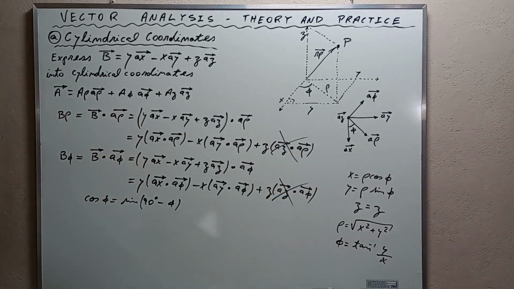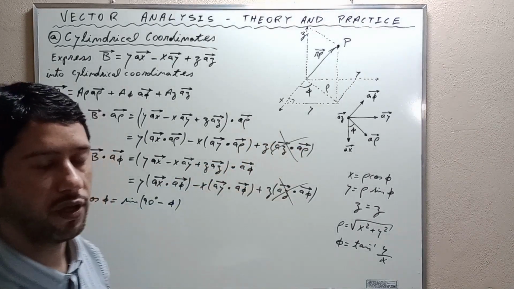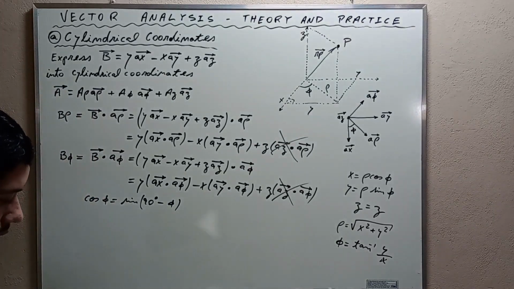That's why anything in a dot product with z is 0. Alright? In this way, I'm going to erase the board here, and I'm going to show you the rest of the solution.